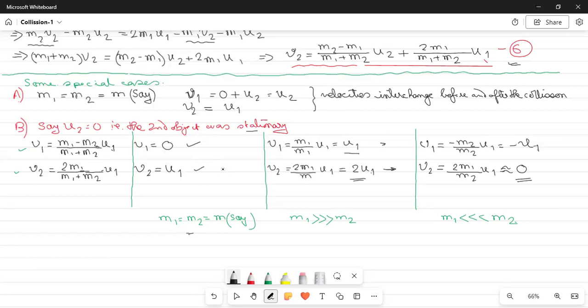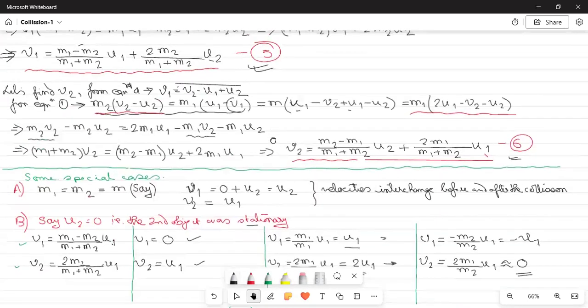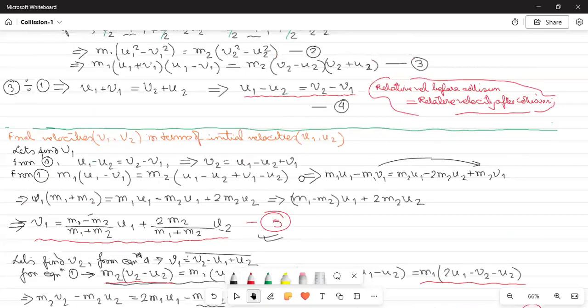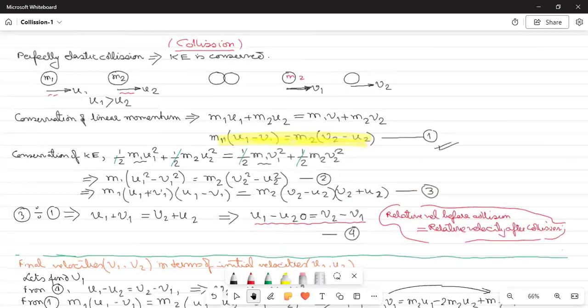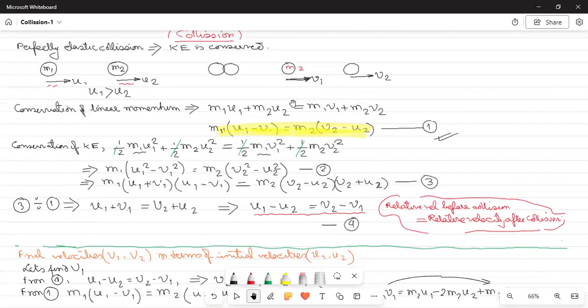Next day we shall see what we have got right from the beginning, collision, and then we found out the properties of the perfectly elastic collision.